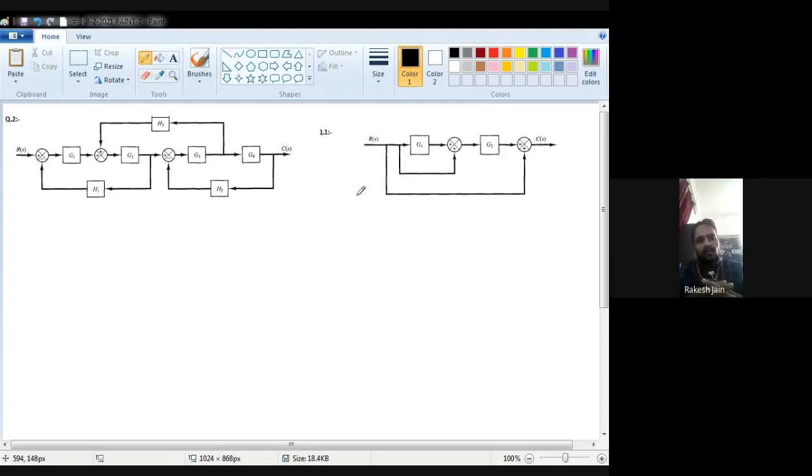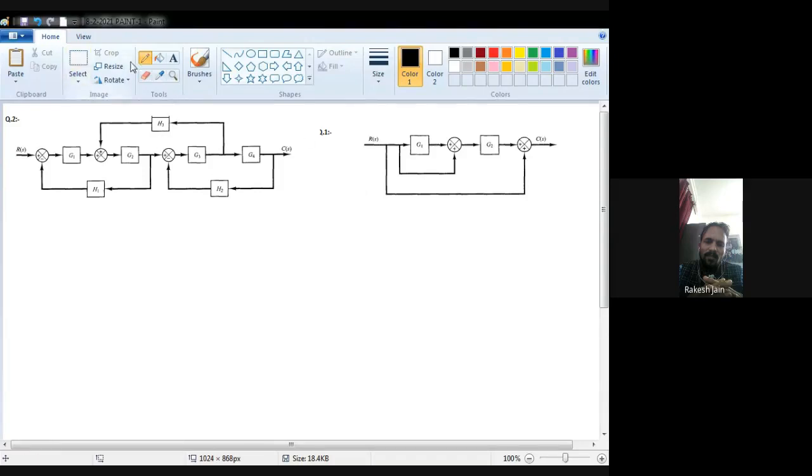Whenever we want to move a pick-off point, also known as take-off point, after a block, then the gain of that block also comes in the reciprocal manner. And if we move the pick-off point before the block, then the gain of that block comes as it is.